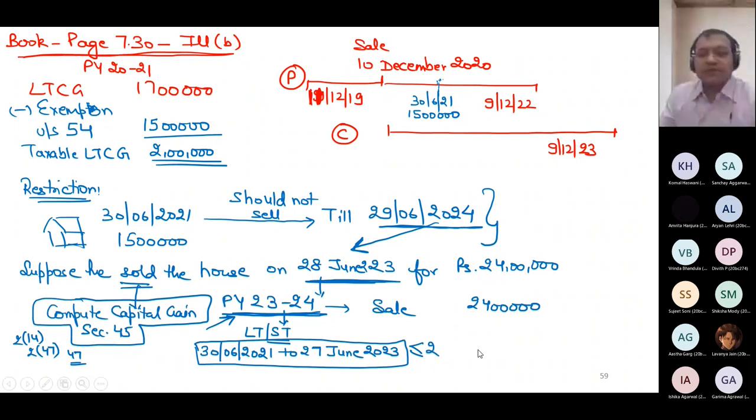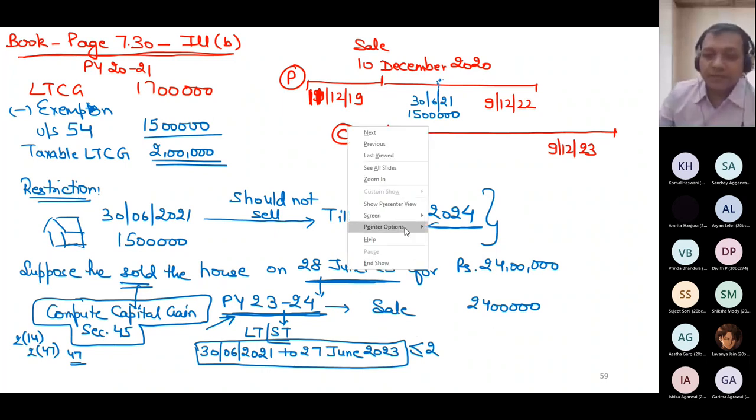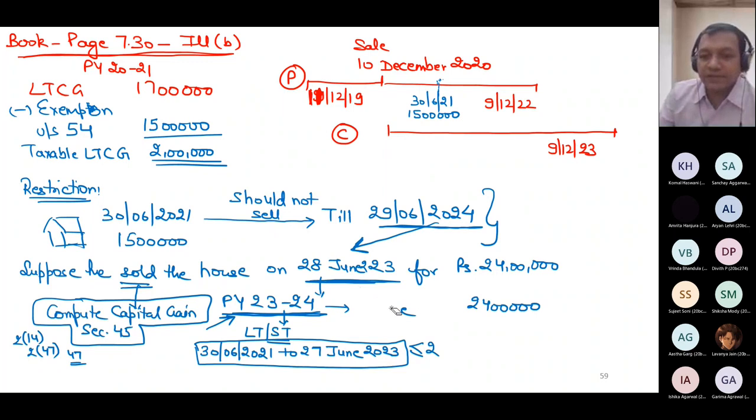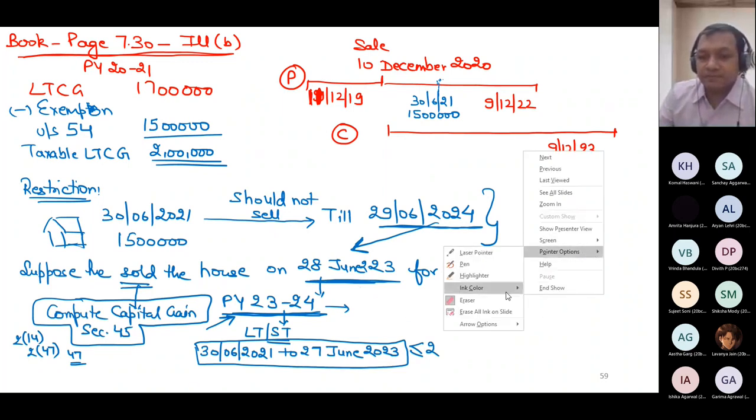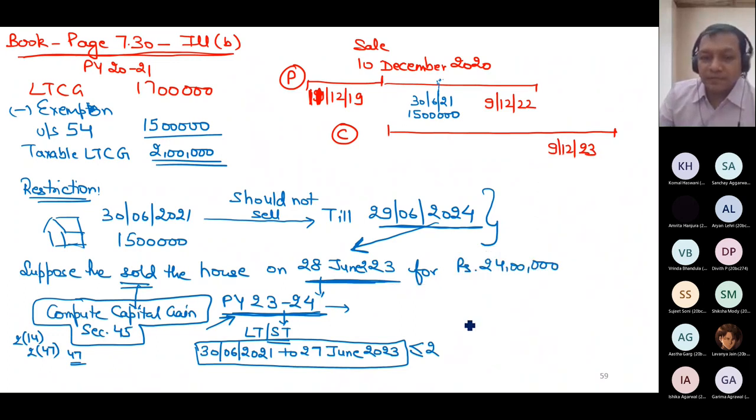If it is short term, it's very simple. Sale minus what? Expense on sale. So I am computing the gain in the previous year 23-24. Sale 24 lakh. Expense on sale nil.